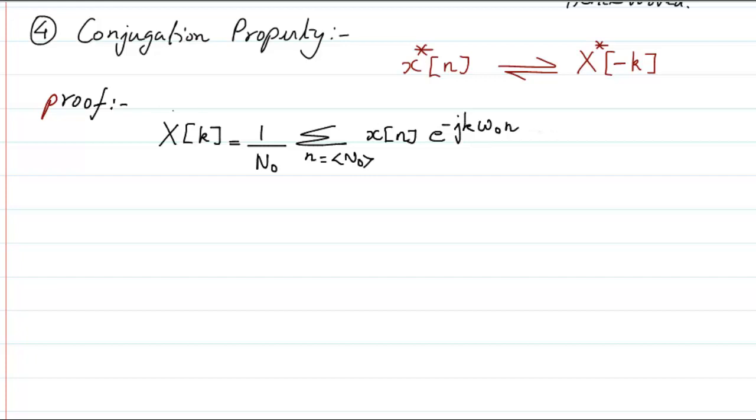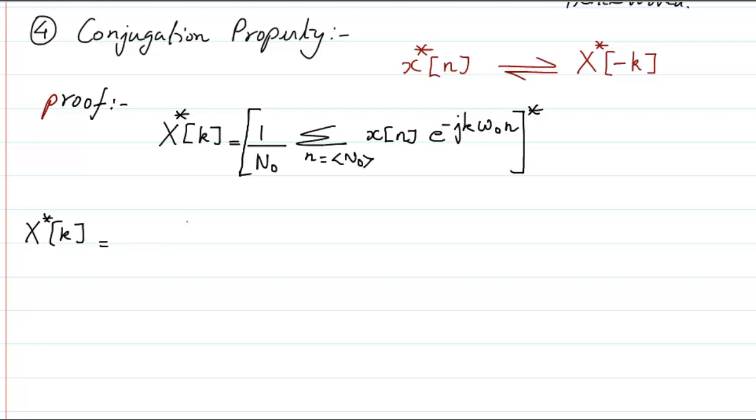If I want to take the conjugate of this, I will have to take the conjugate on the right hand side also, which I can get as, let me write it, X conjugate of k.